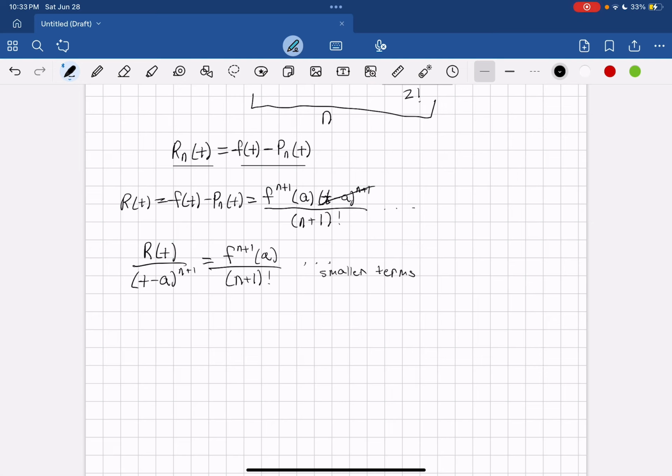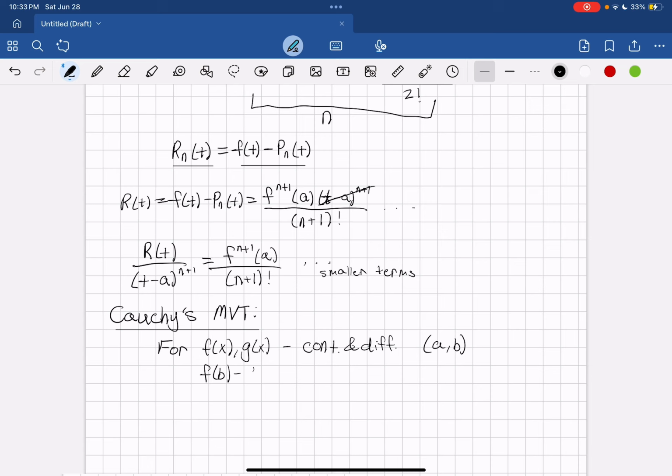Now the reason we did this is to apply something called Cauchy's mean value theorem. So what this is, and it's very similar to the regular mean value theorem learned in calculus class, it's actually sometimes called the extended mean value theorem because it's just a more general form. What it states is that for some functions, f of x and g of x, where they're continuous and differentiable over the interval a to b, the following is true.